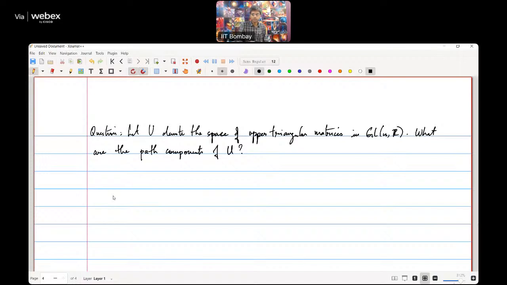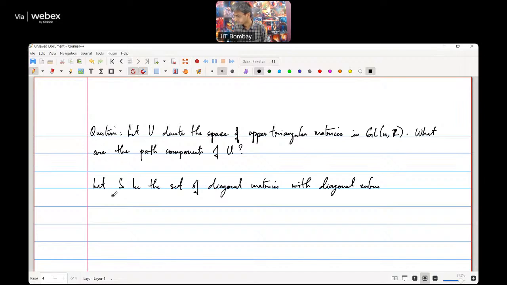So let's try to answer this question. We define the following set. Let S be the set of diagonal matrices with diagonal entries plus or minus 1.